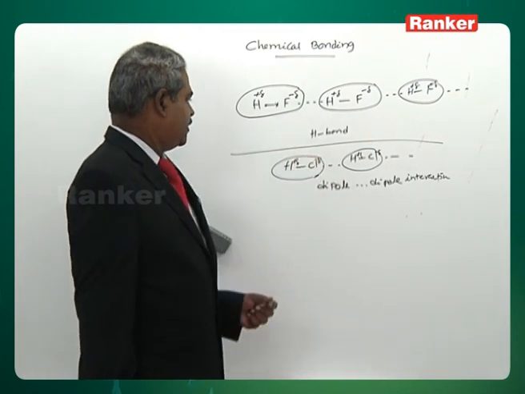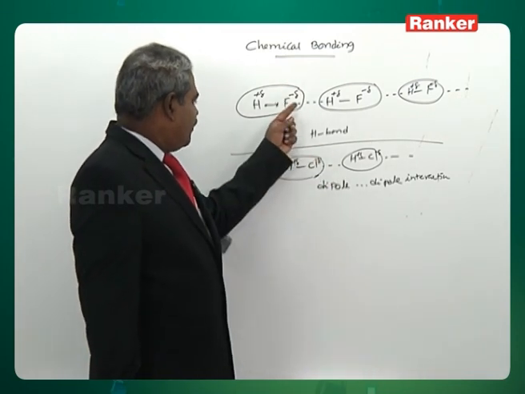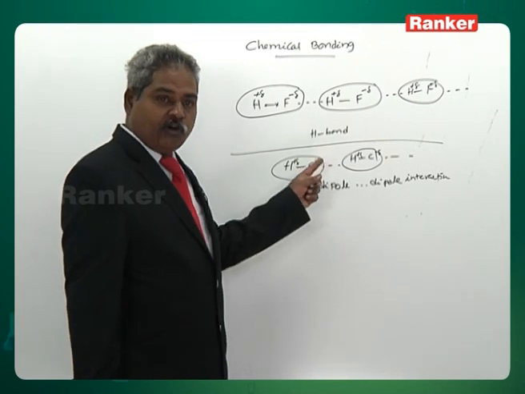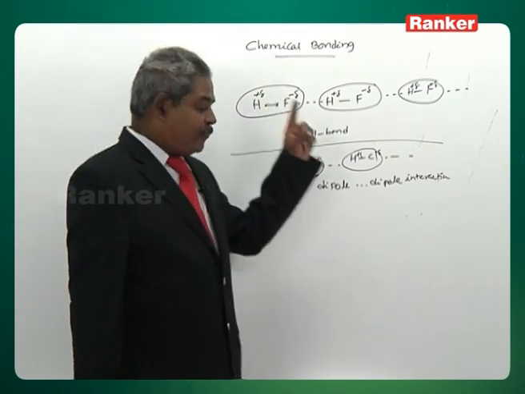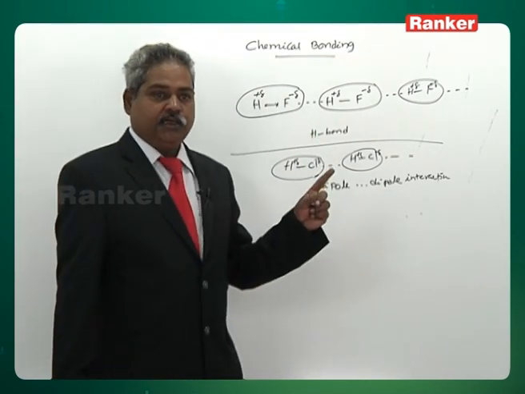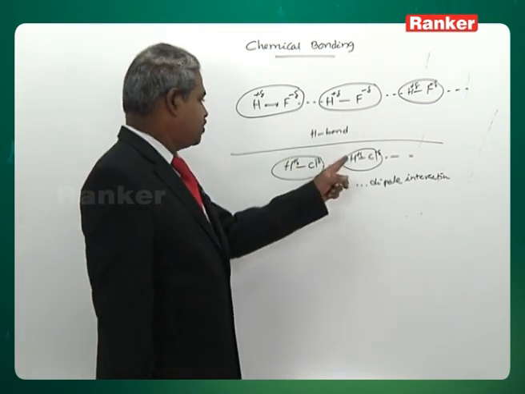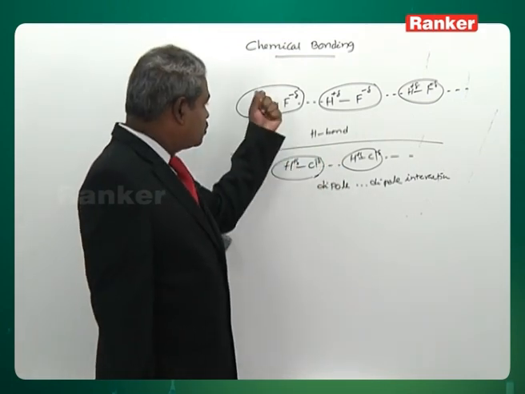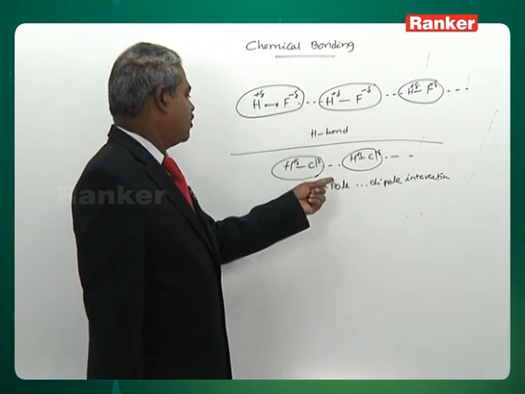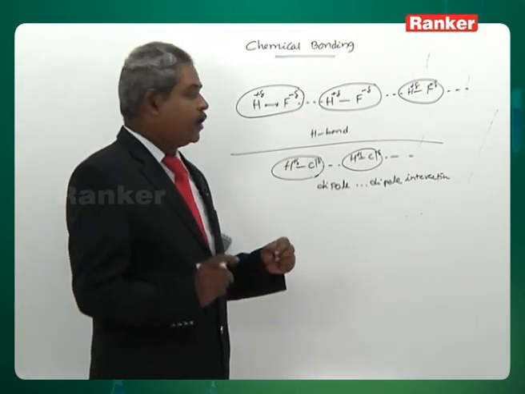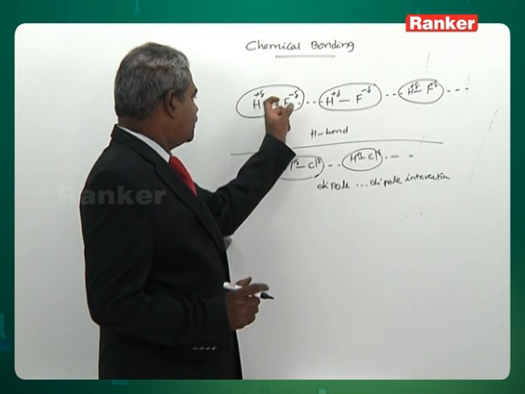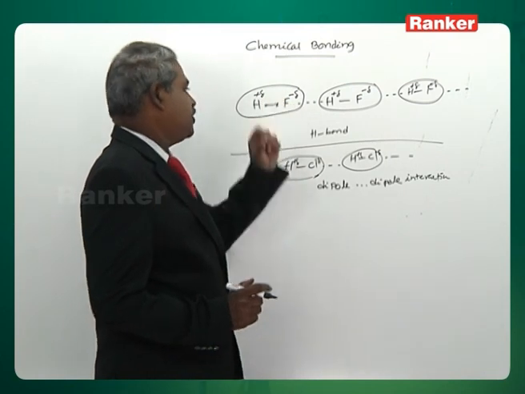So, same phenomenon of electronegativity, same phenomenon of partial charges, same attraction between opposing charges, but depending on the strength we are calling it hydrogen bond and we are not calling it hydrogen bond. For you to call it a bond, it should have some minimum bond energy there.